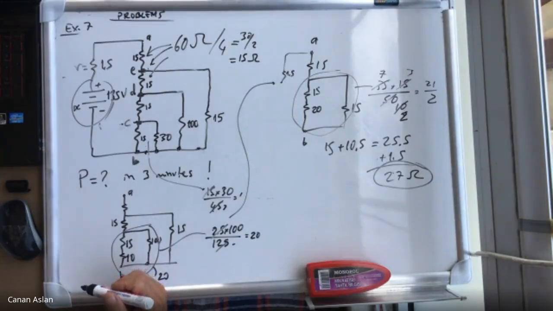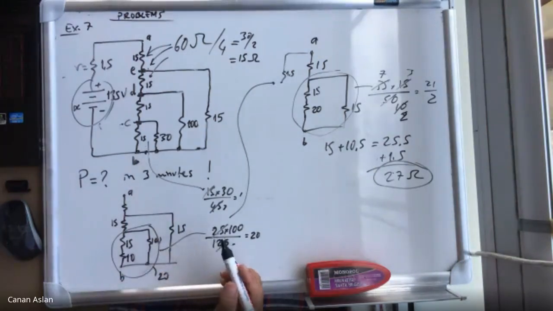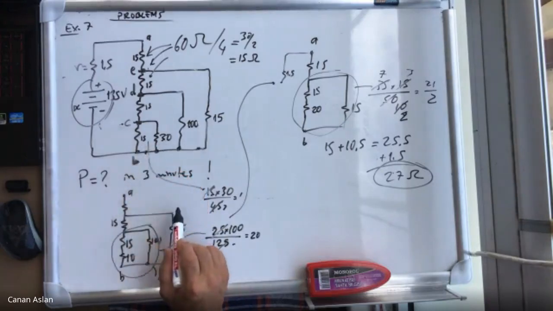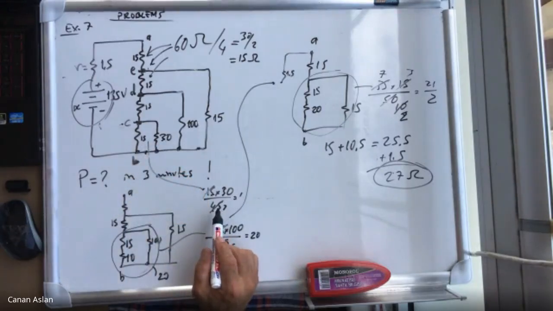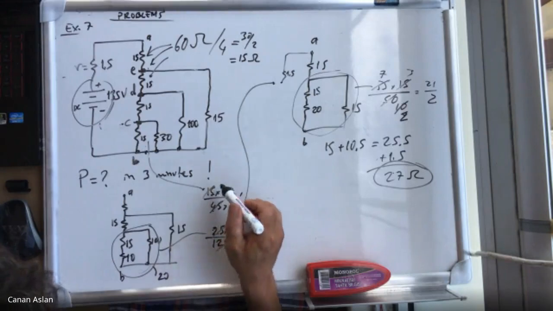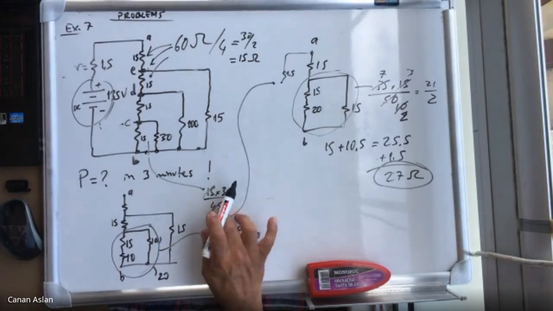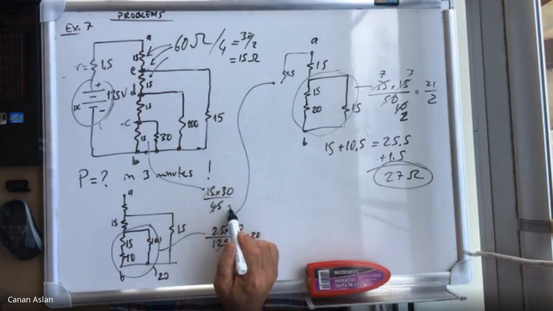27 ohms. Let's check this again. Okay? Let's start from the beginning. 15 times 30 divided by 15 plus 30, which is 45. Okay? So now what do we get? 15 into 45 is 3. 30 divided by 3 is 10.